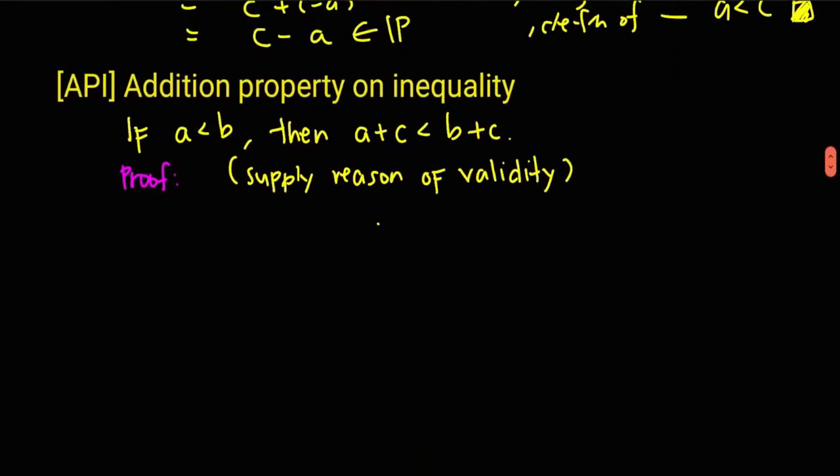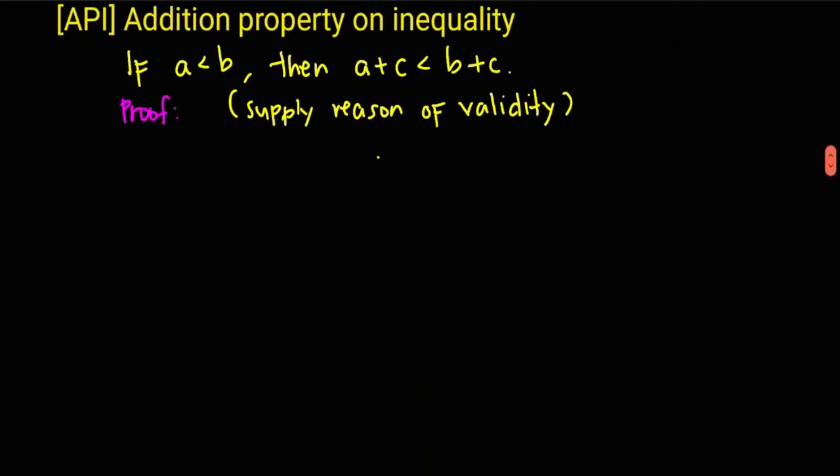Let's look at the second property, the addition property of inequality, and we will call that API. If A is less than B, then A plus C is less than B plus C, for any real number C. So if I add C on both sides of the inequality, I retain the direction of the inequality. So how do you show that the expression A plus C is less than B plus C?